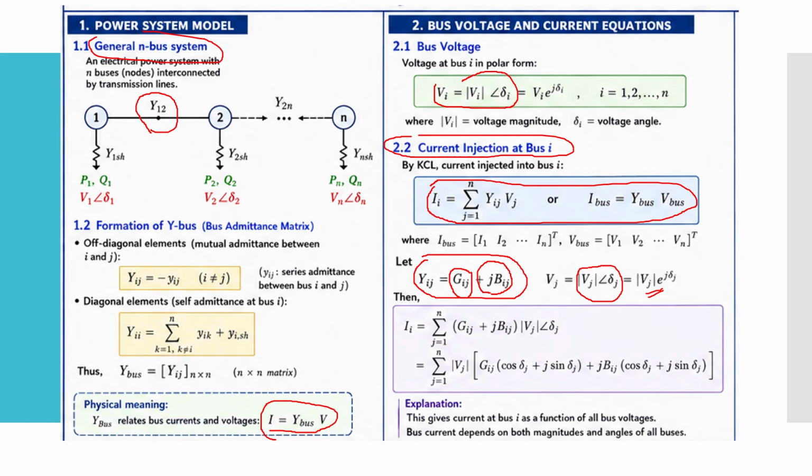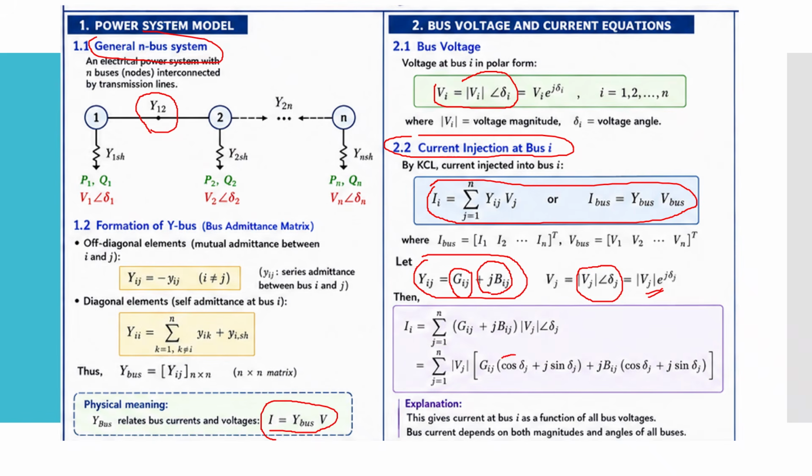If we want to represent Ij as a complex number, we can write the conductance multiplied with both the imaginary and real parts of the voltage, because this voltage has a magnitude. We can represent the voltage as cos theta j plus j sin theta j.